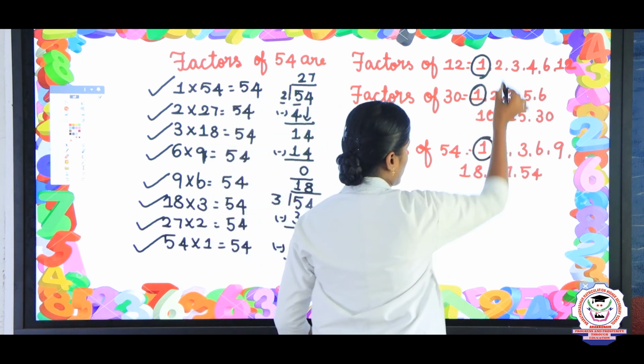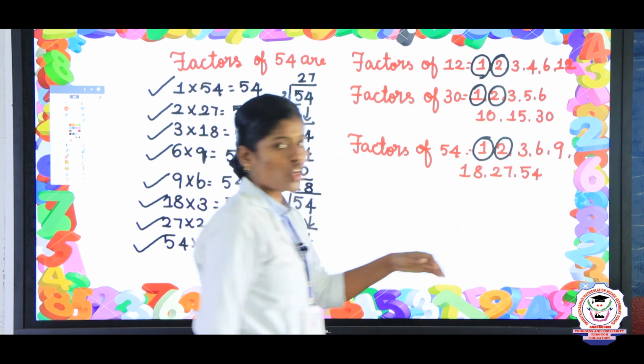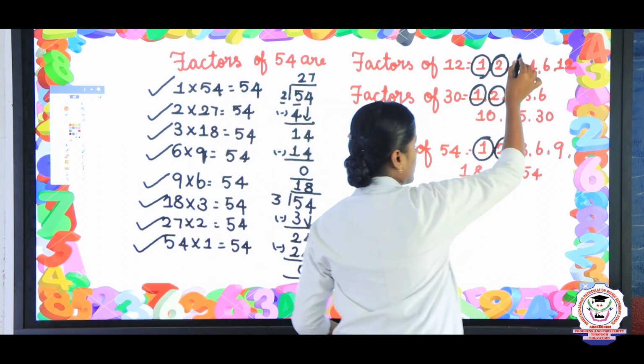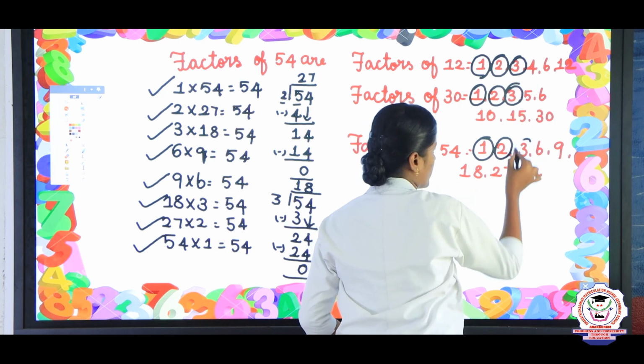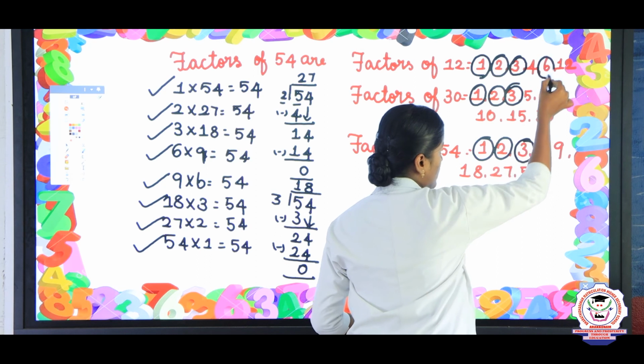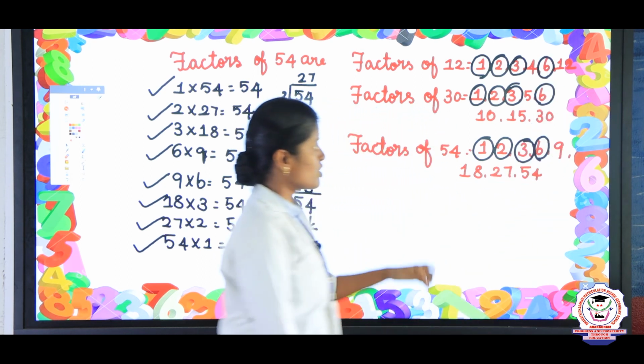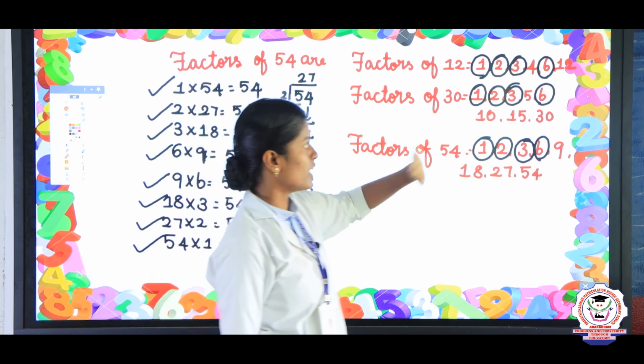And our next common number is 2, 2, 2. And our next common number is 3, 3, 3. And next we have here 6 is there. So 6, 6 and then 6. Okay. So next common factor, nothing is there.